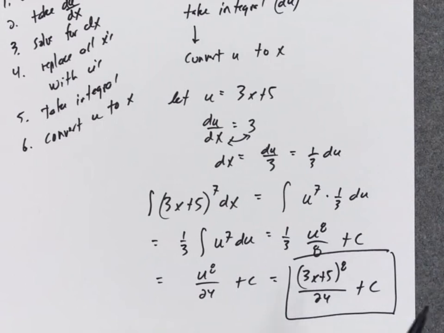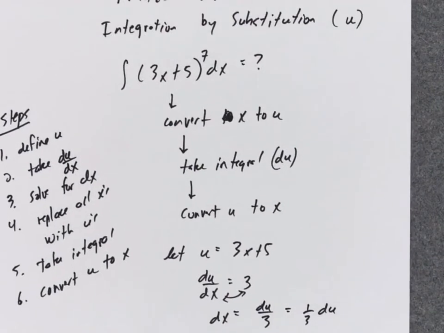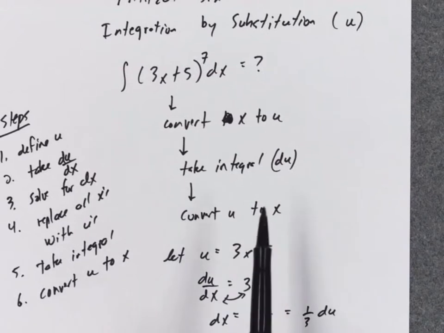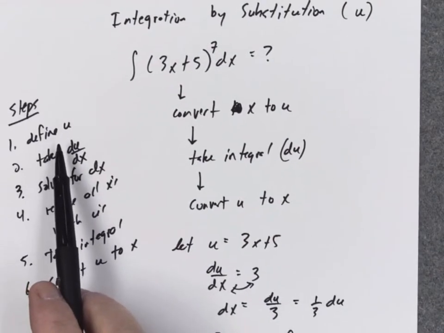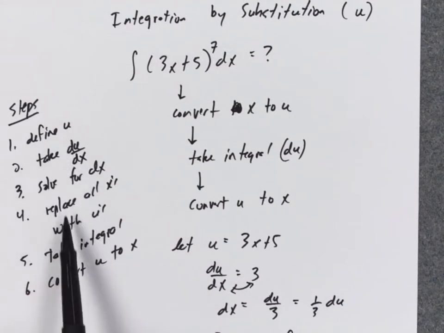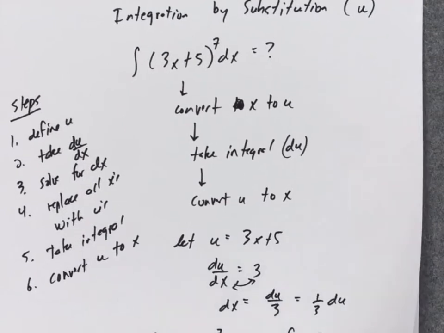So this is called integration by substitution. The first step, and really the key step, is defining your u, knowing how to define your u, and you go through all these steps, and if it works, then you'll be done. All right.